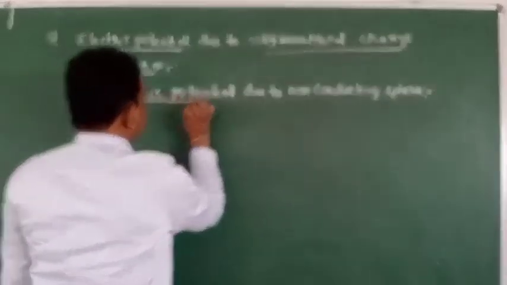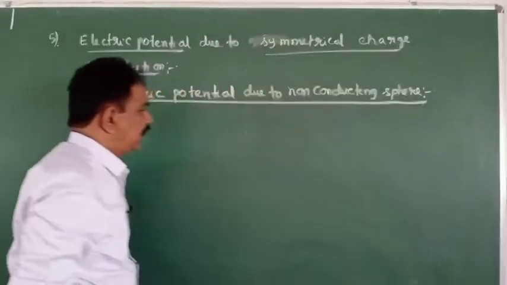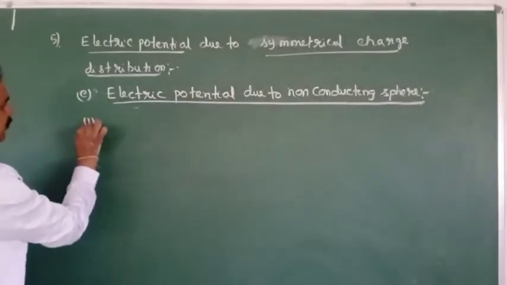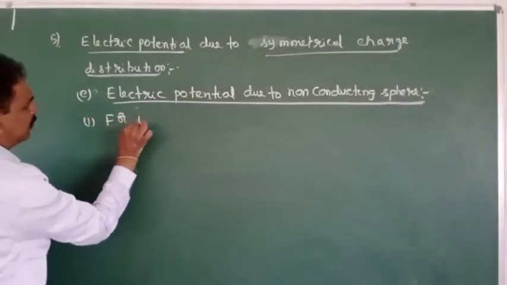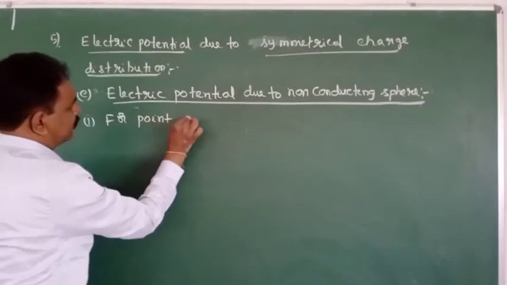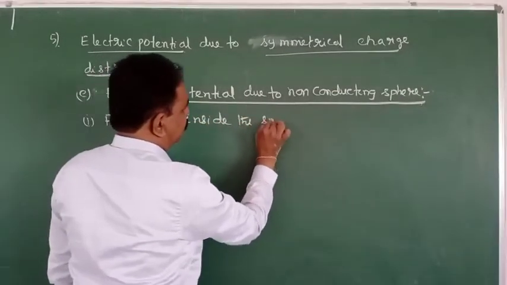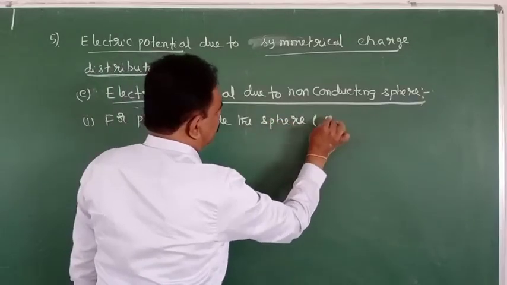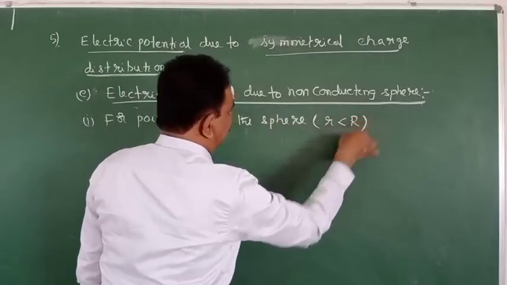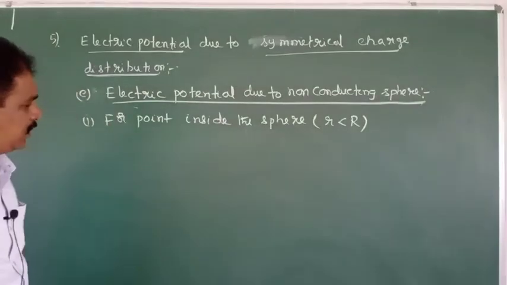Okay. So here also three cases. For a point inside the sphere, meaning r less than R, what is the formula?